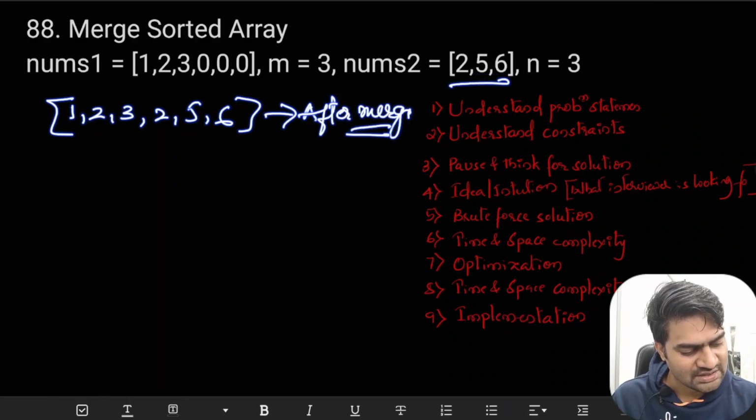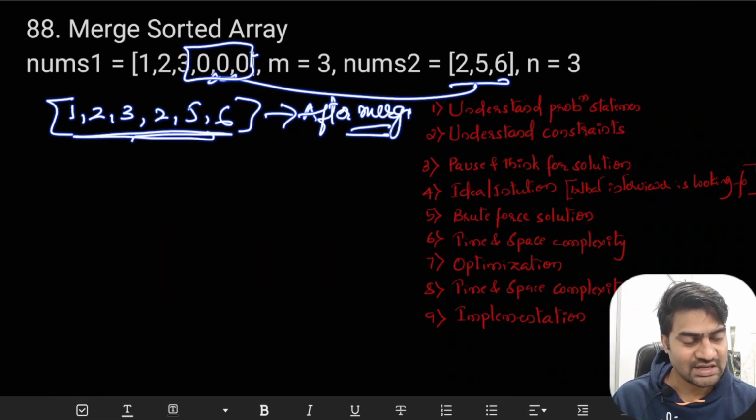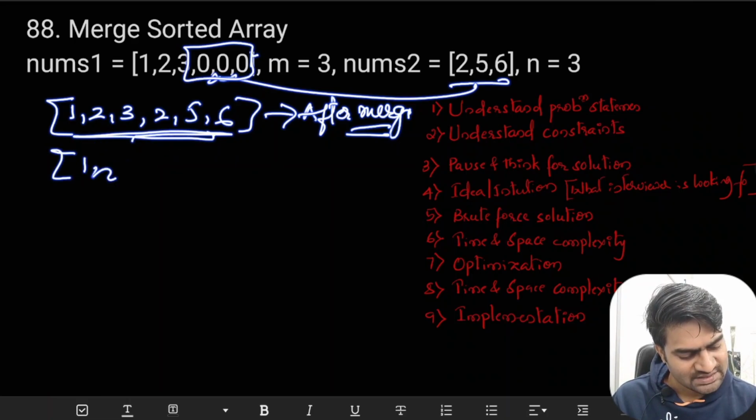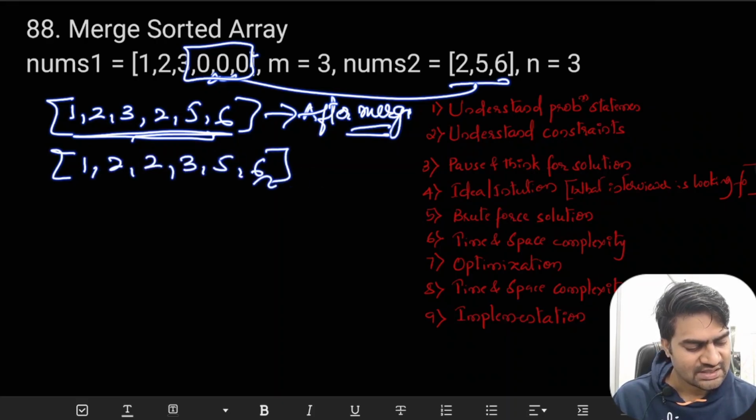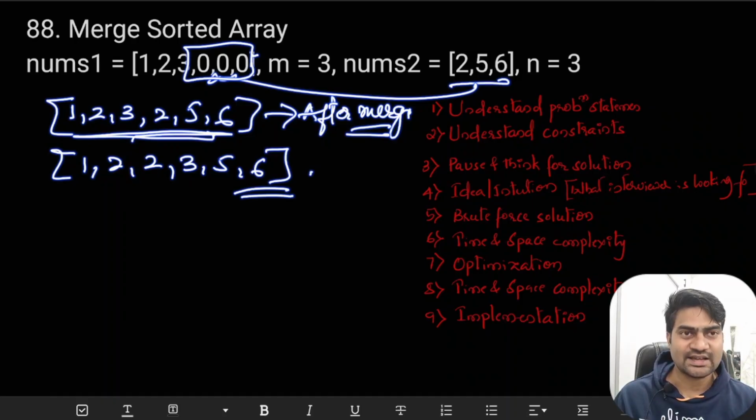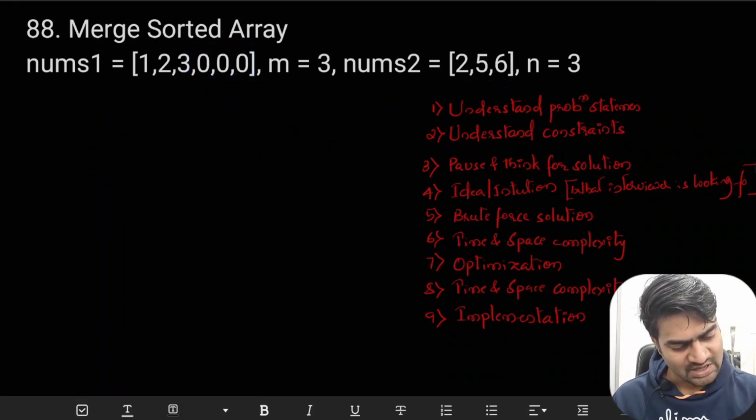Basically I copied these elements to the positions where there are zeros, and then I got this particular array. Then I will simply sort these numbers using any inbuilt sorting technique. So with that, I will get a properly merged, and sorted, array. Okay, let us try to do that.